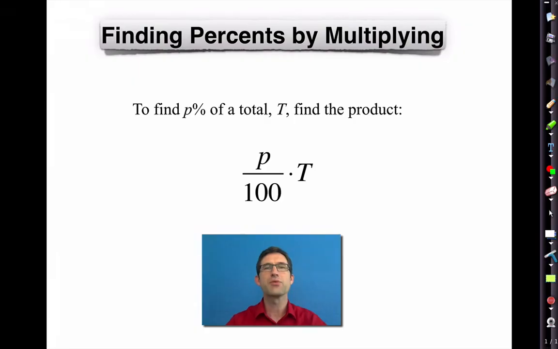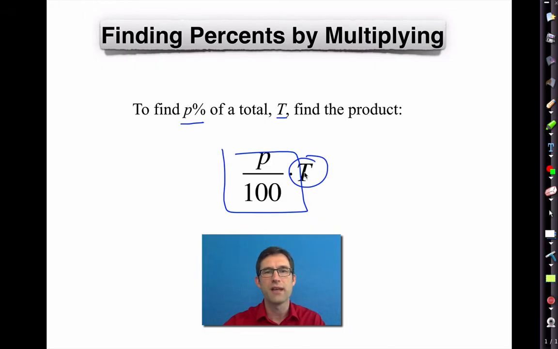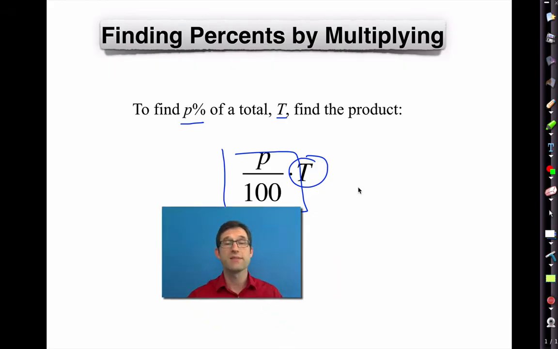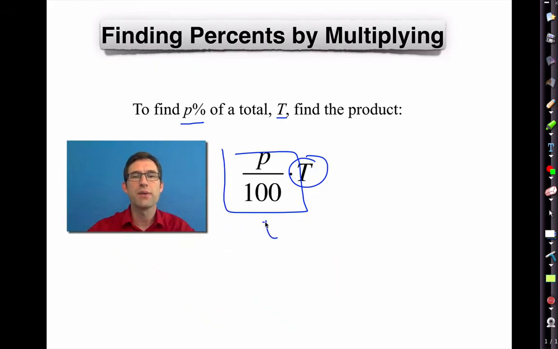All right, finding percents by multiplying. To find p% of a total t, find the product p divided by 100 times t. All right, that's it. Now, most of the time, the p divided by 100 is just expressed as a decimal, right? So if I wanted to find 12%, then 12 divided by 100 is 0.12.